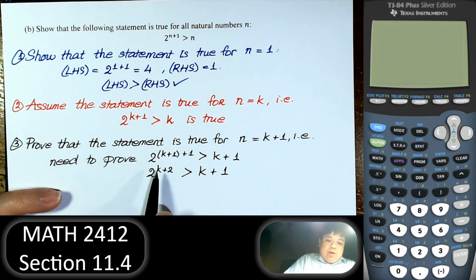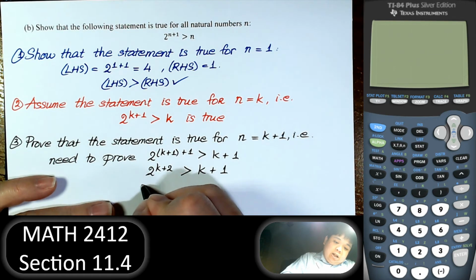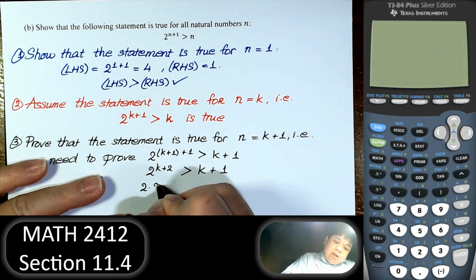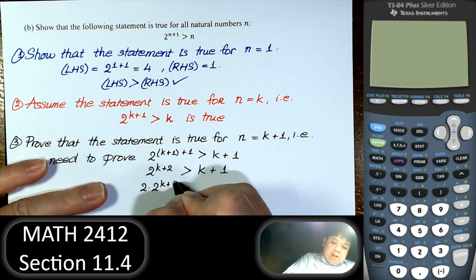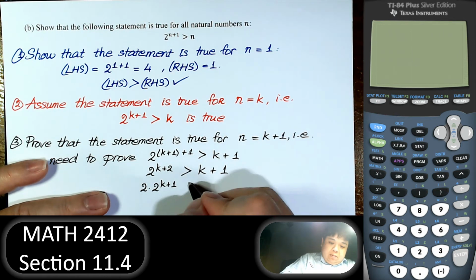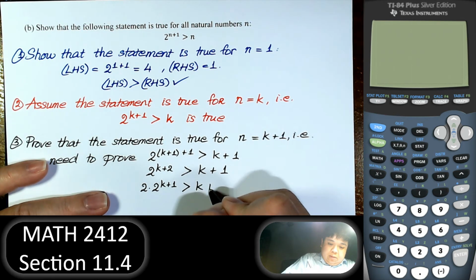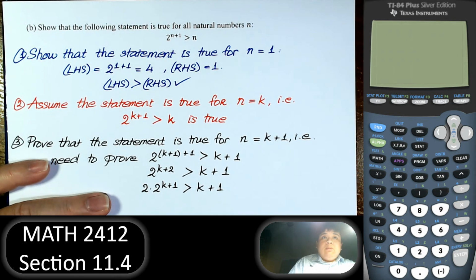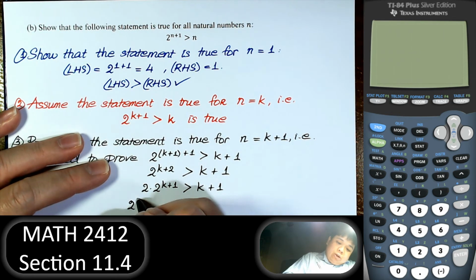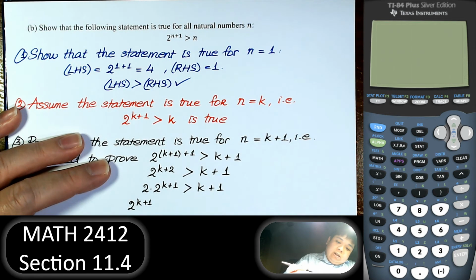Right, now 2 times k plus 2, can I write that as 2 times 2 to k plus 1? And when I write like that, I can write 2 to the k plus 1 plus 2 to the k plus 1.